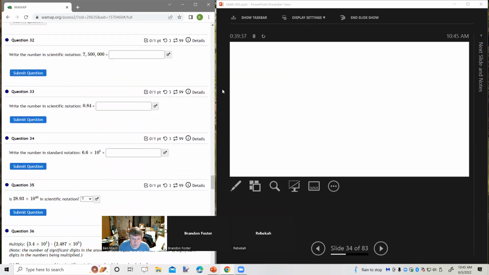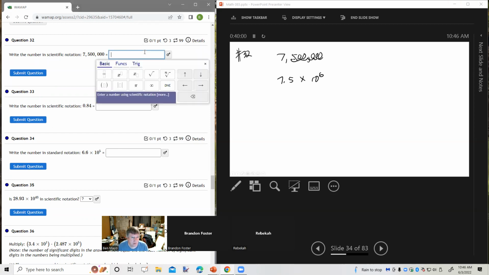Number 32 coming up. Write the number in scientific notation. 7,500,000 would be 7.5 times 10 to the 1, 2, 3, 4, 5, 6th power.